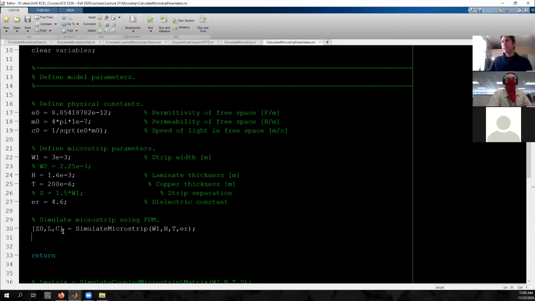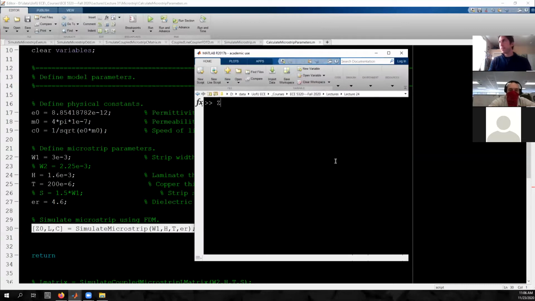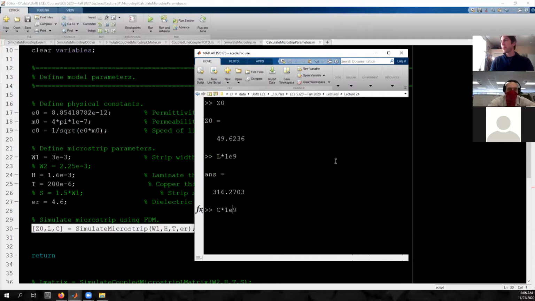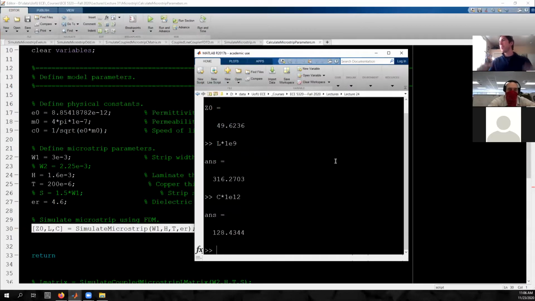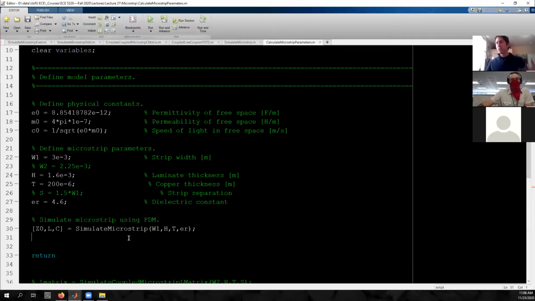So we come back over here. So we run that, and you can calculate. So you find my Z naught is about 50-ish ohms, 49.6, and my characteristic inductance, about 316 nanohenry per meter, and capacitance is about 128 picofarad per meter. All right, so that is sort of my default parameter, which we kind of already knew, right?